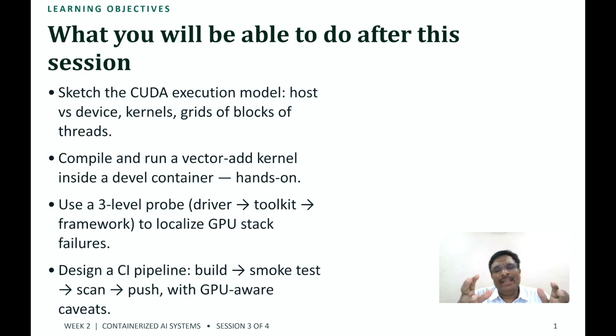The basic idea here is the smoke test, by name itself, indicates that we're going to test with a very, very minimal, very fast thing, but it basically means we are syntactically correct, we are executing the program correctly on the required hardware with the required framework, and it's not actually breaking down, right? Then we scan it, push it, and then try to run it on GPU-aware runners with certain caveats if needed, right? So this is the basic idea about what we are going to learn in this session.